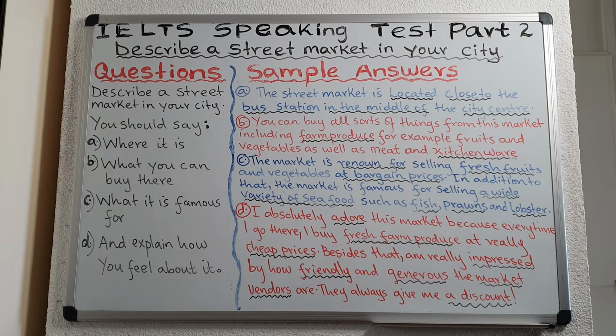Now you can answer that question by saying, the market is renowned for selling fresh fruits and vegetables at bargain prices. In addition to that, the market is famous for selling a wide variety of seafood such as fish, prawns, and lobster.